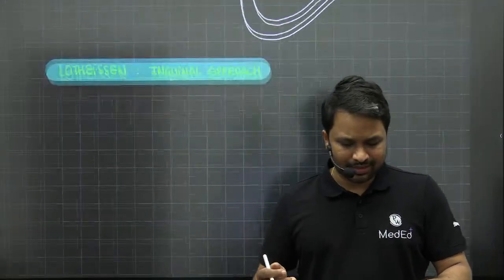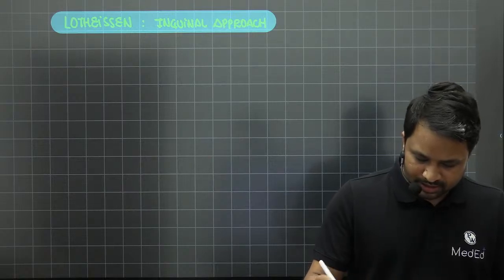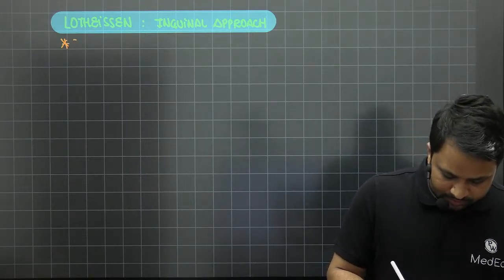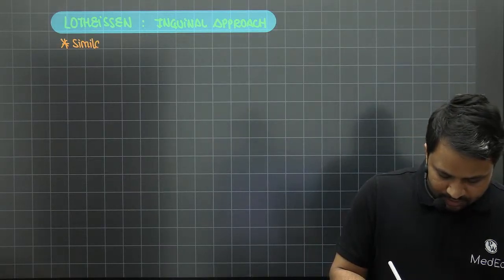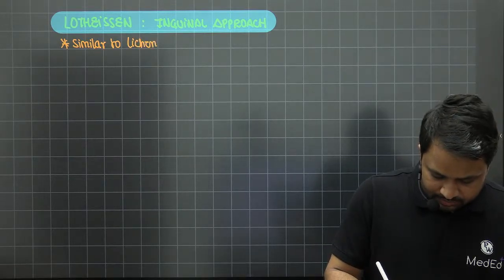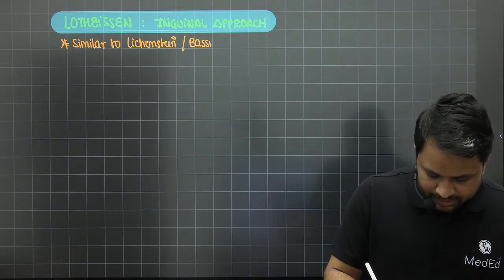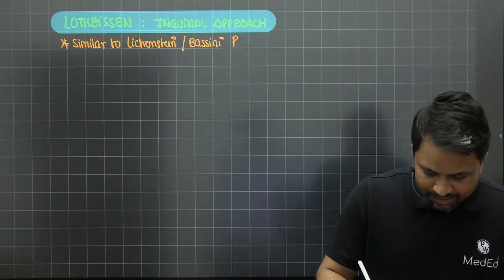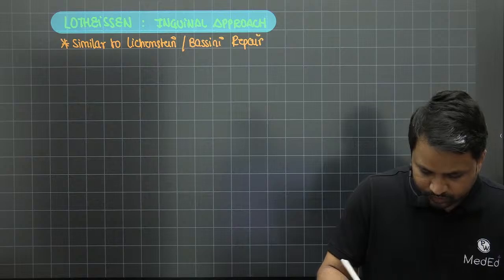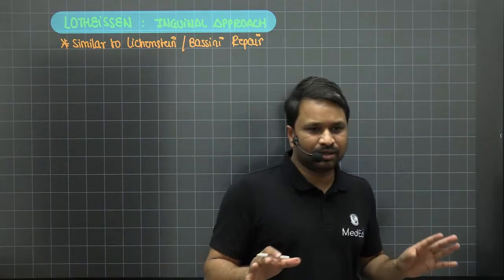Now, what is this inguinal approach? What is the Lotheissen approach? In simple words, so that we all understand, it is similar to Lichtenstein, or also called the Bassini. दो repairs है, Lichtenstein or the Bassini's repair. So it is similar to that of a Lichtenstein or the Bassini's repair.